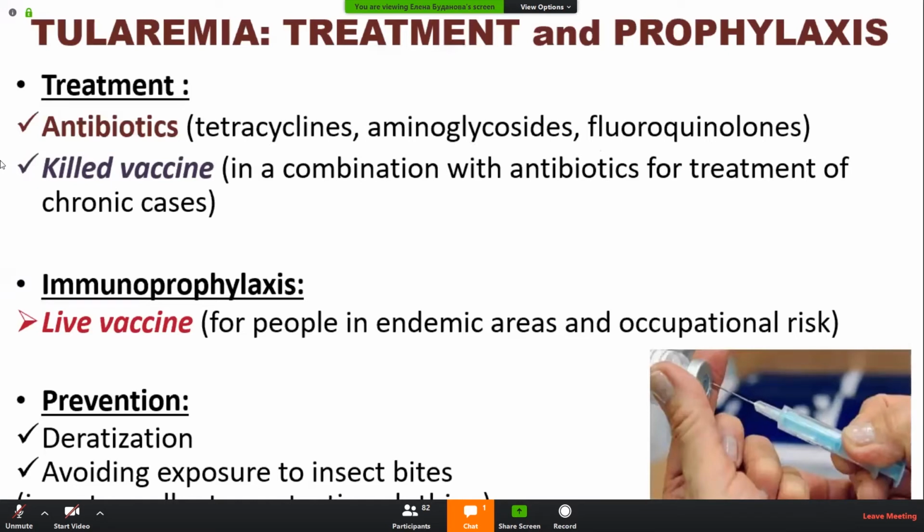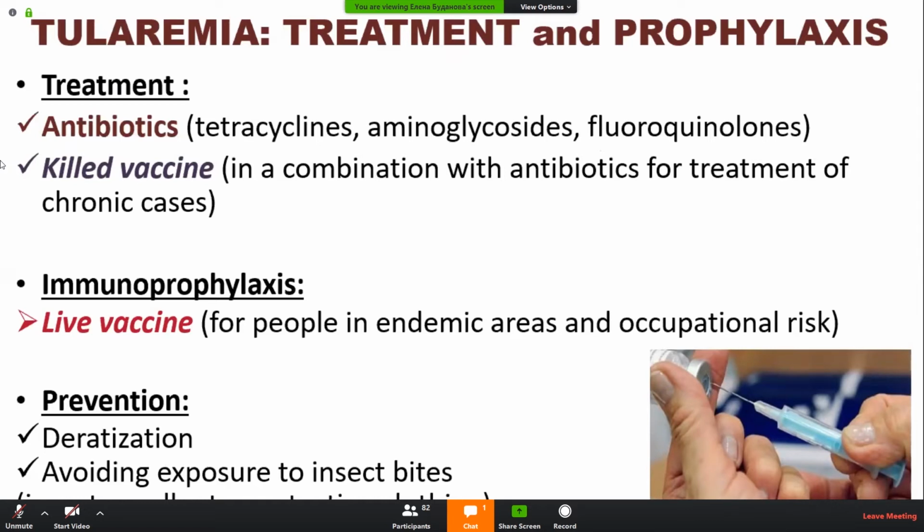For prophylaxis, we have live vaccine, and it is given to people living in endemic areas, or maybe traveling to endemic areas, like it was mentioned in plague, and to people with occupational risk of disease. Well, prevention: I told you that tularemia is similar to plague in many characteristics.